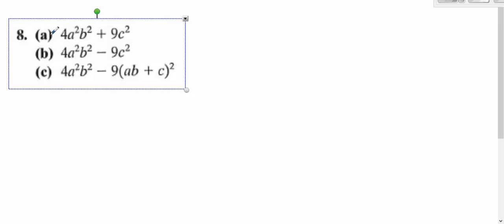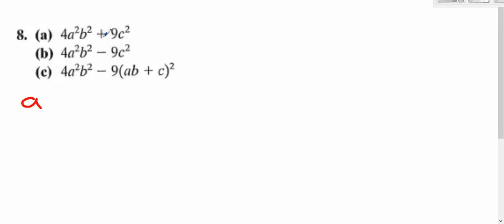But a has a plus sign. You can't factor a sum of squares. Prime is irreducible. Can't factor it. B has a minus in between, so we can factor it.